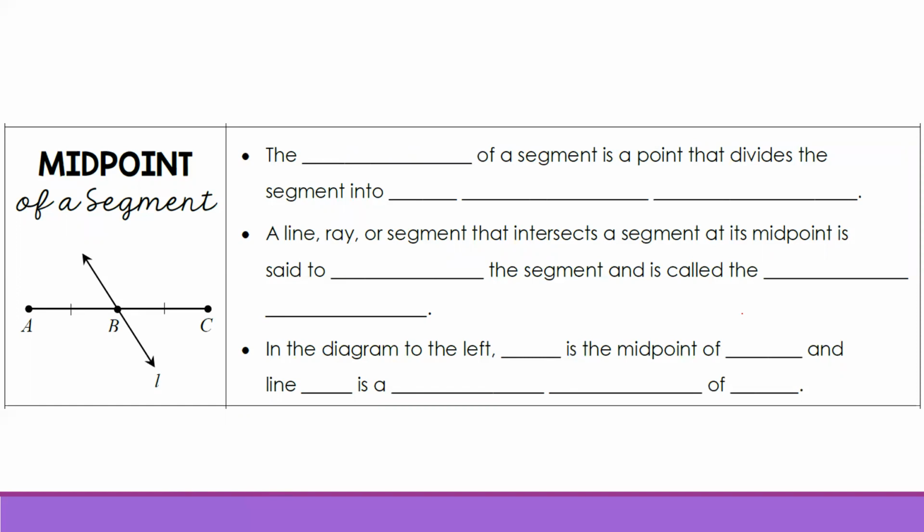The midpoint of a segment is a point that divides the segment into two congruent segments. So let's write that in. The midpoint of a segment is a point that divides a segment into two congruent segments.